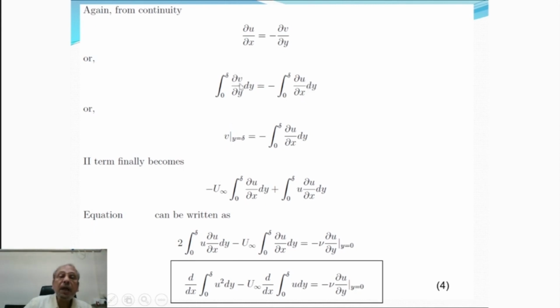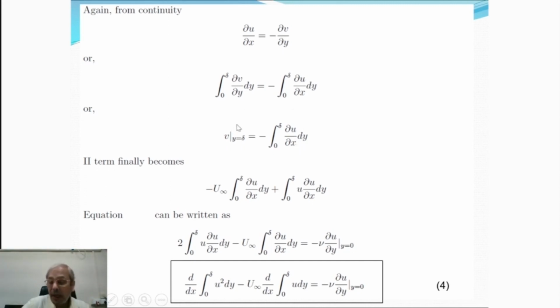Now this integral of ∂v/∂y dy results in v at y equal to delta minus v at y equal to 0. V at y equal to 0 we know is 0, but v at y equal to delta becomes then minus integration 0 to delta ∂u/∂x dy.